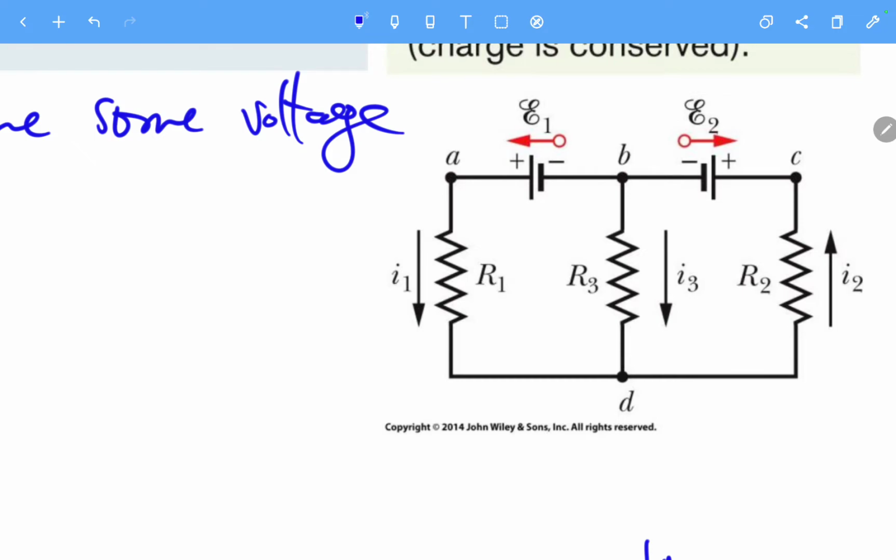usually for a complicated circuit, we can freely determine one node to be the ground. Just say this is the ground for simplicity. Maybe you don't like this, maybe you can determine this one is the ground. It is still okay, but you can only define one node to be the ground. So let's say we define this node to be the ground, which means that this is 0 volt, and then you need to determine the others.